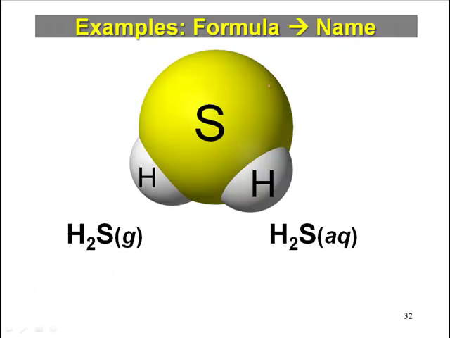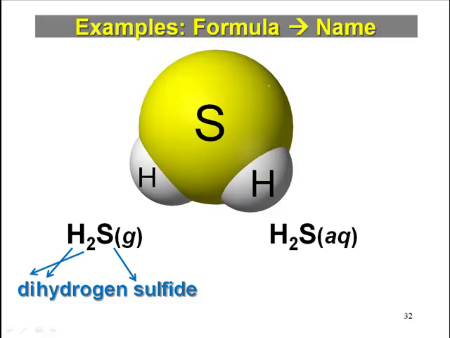Here's an example. Formula to name for this. This is the same molecule. One is in water, one is in the gas phase. If it's in the gas phase, it is not considered an acid. So we start with hydrogen. Sulfide. And that's dihydrogen sulfide because it is, again, an ionic.